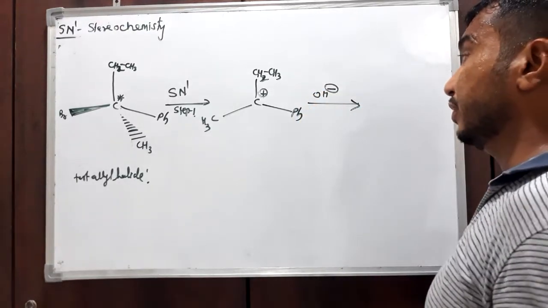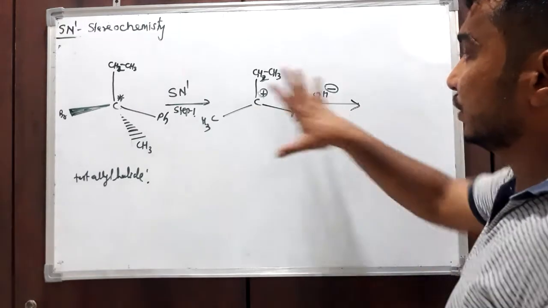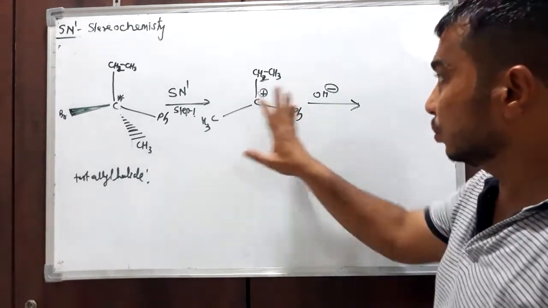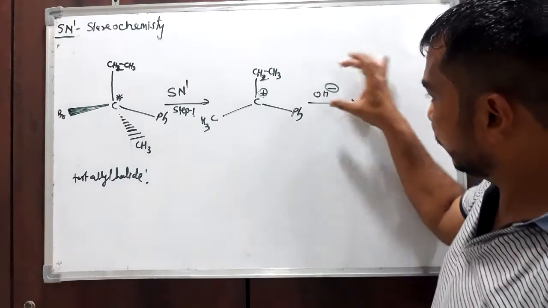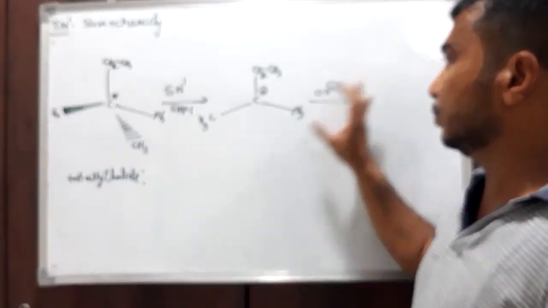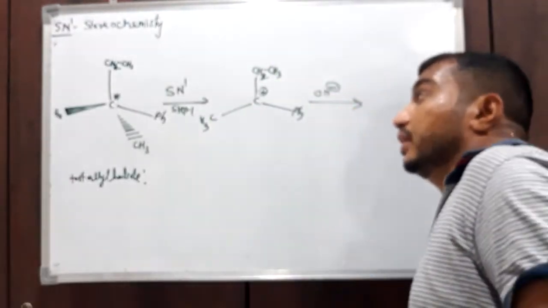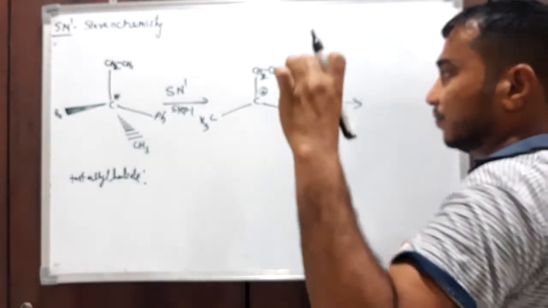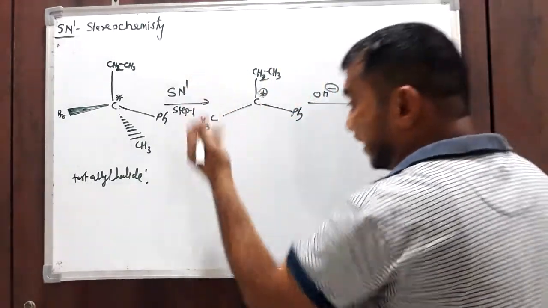So what happened in this molecule? This carbocation has two faces, front face and back face. So this OH minus ion has 50% possibility to attack from the front face and 50% possibility to attack from the back face. Therefore, if this OH minus attacks from the front face, then it will push this methyl group to the back side.